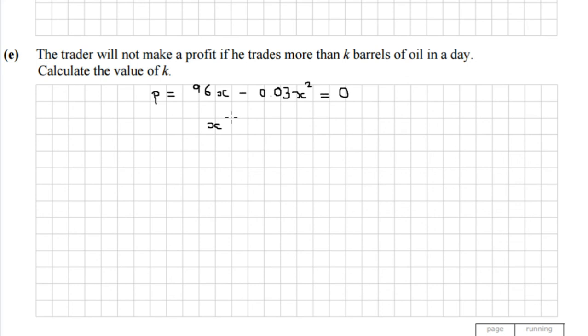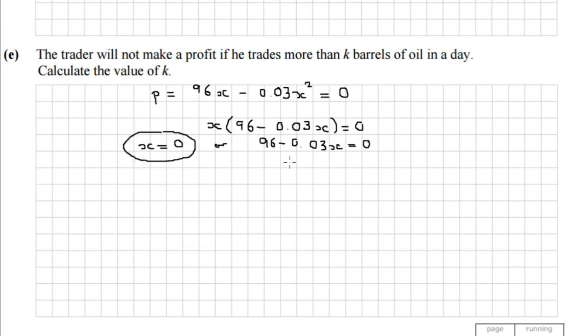If I take x out, I'm left with 96 minus 0.03x all equal to 0. Now I've got two things multiplied by each other equaling 0. So the first thing is equal to 0, or the second thing is equal to 0. So 96 minus 0.03x is equal to 0.